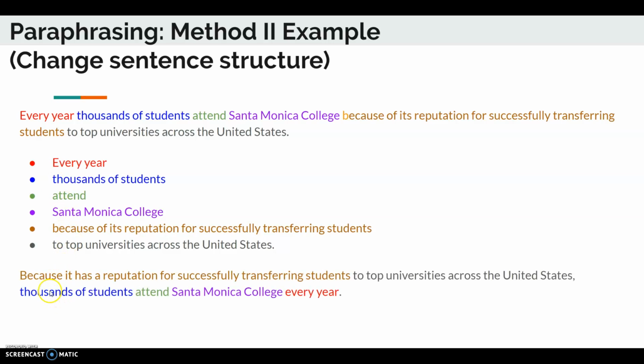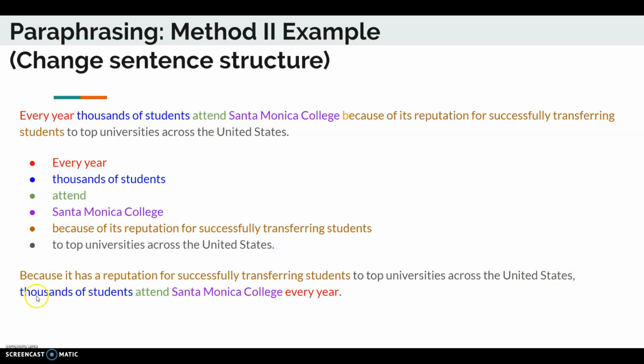So we've put the because of its reputation for successfully transferring students in the front of the sentence, and we also went from because of, using a prepositional phrase, and we changed it into an adverbial clause with a reason, because it has. It is the subject, has is the verb. We added to top universities across the United States in the same place as the original.